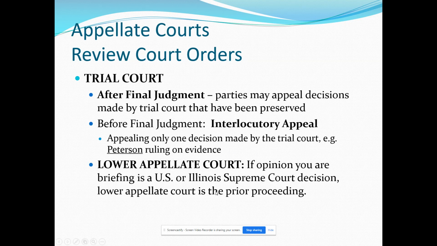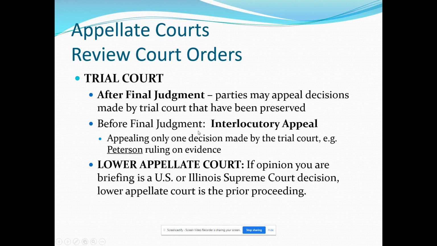Remember the interlocutory appeal. I think this is going to be a quiz question. So remember what it is. You're always going to do things after a final judgment. That's when you can appeal. There has to be an order. So this is after a final judgment, after the jury gives a decision and the court does a final judgment. That's your traditional way of having an appeal granted.